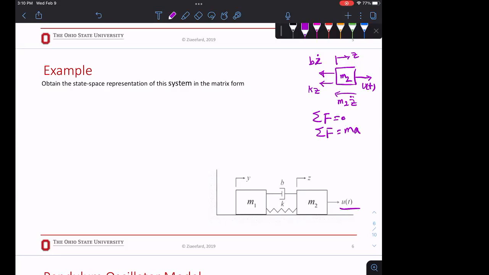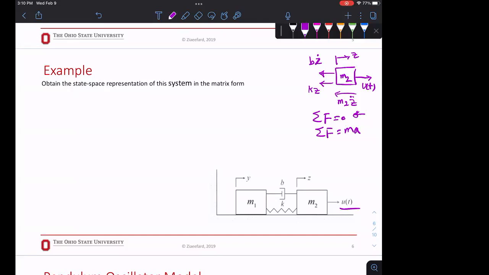If you write it like this, it means that the summation of all the forces applied on our system, including inertia, is equal to 0. Or the summation of all the external forces applied to our system is equal to mass times acceleration.